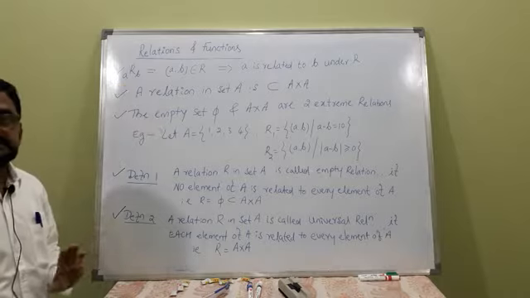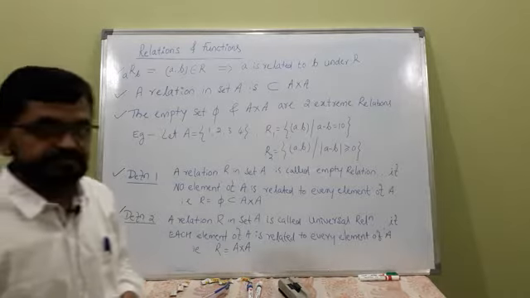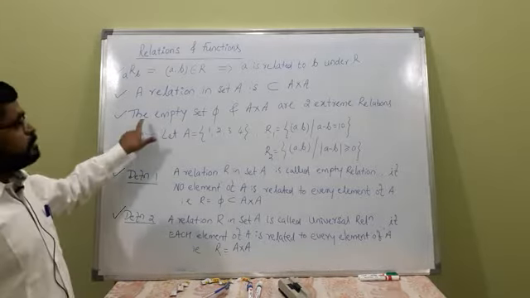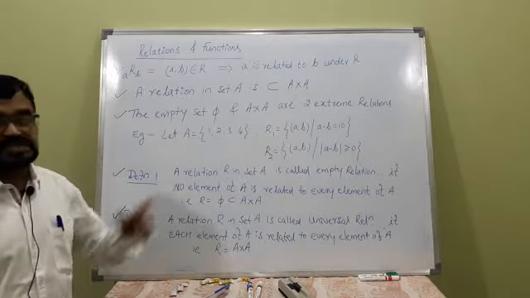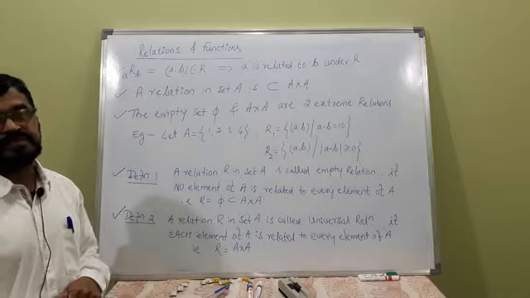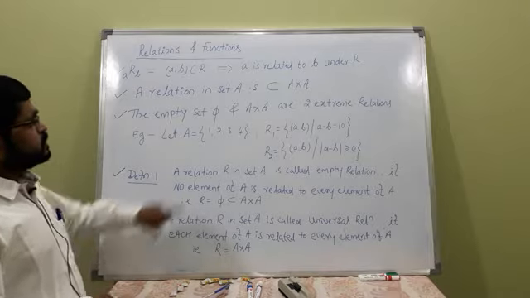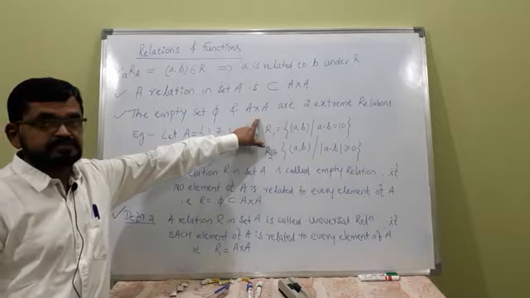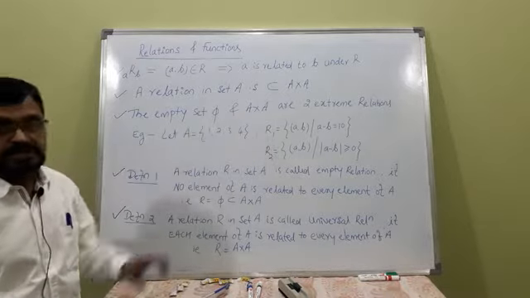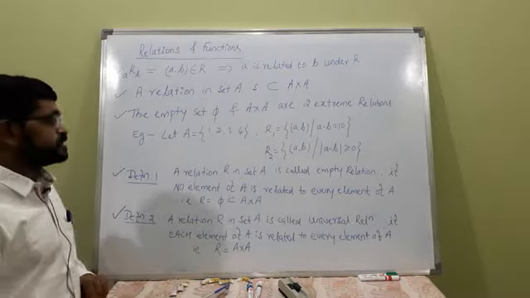A relation is a subset of A cross A. The empty set and A cross A are the two extreme relations. Most of the time, this is the empty relation, this is the universal relation. These are called trivial relations.